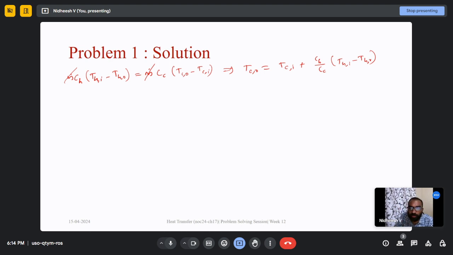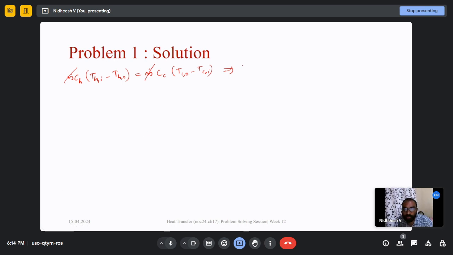The temperature of the cold fluid at the outlet is known to us, right? What we have to find out is the temperature of the hot fluid at the outlet. It is THO that is unknown to us.